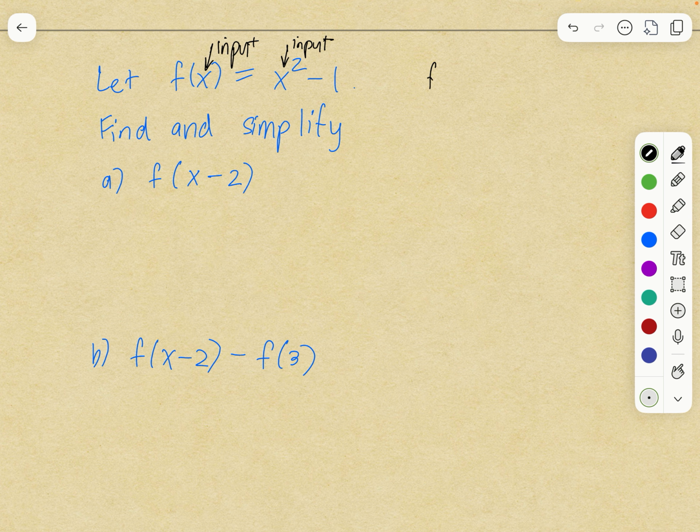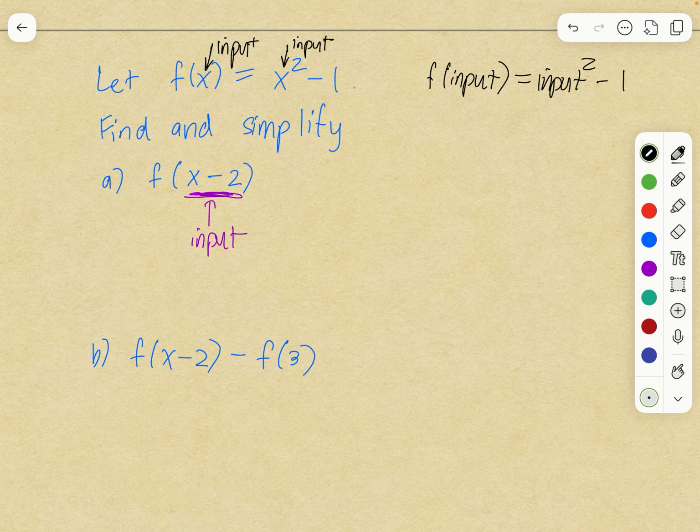So I'm actually just going to rewrite f of x equals x squared minus 1 as f of input equals the input squared minus 1. Well, in this case, our input is x minus 2, right? We're reading the function notation f of whatever, the thing is the input. So in this case, x minus 2 is my input.